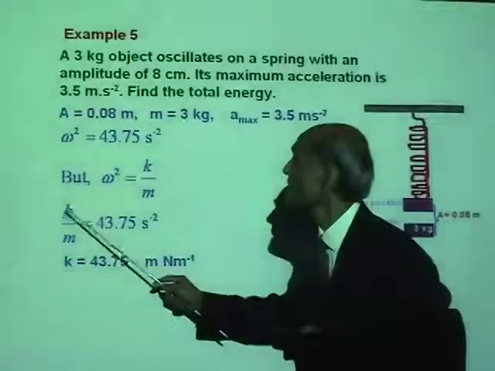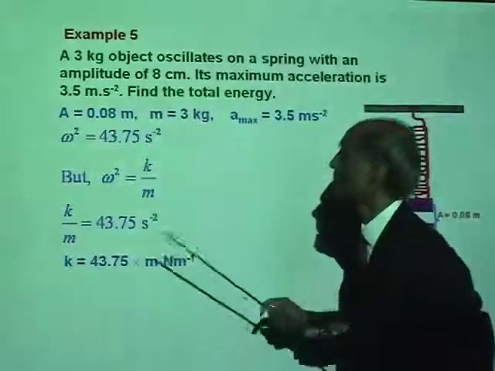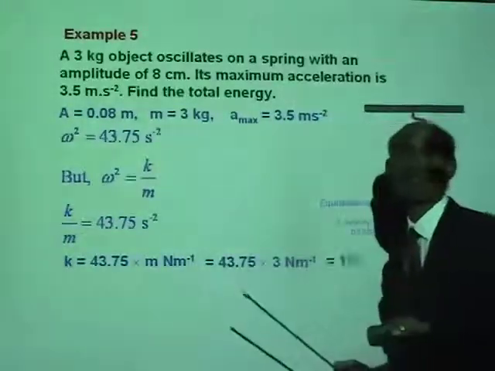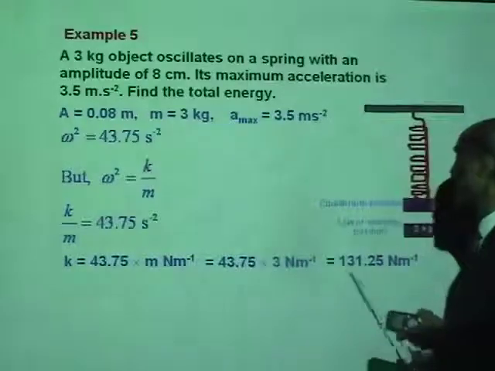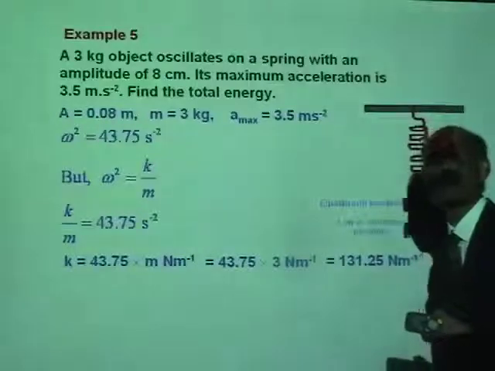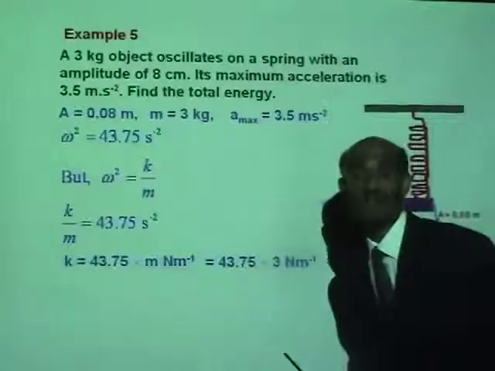That means K equal to 43.75 times M, and M is 3 kilogram. That gives you K equal to 131.25 Newton per meter. Well, you have now obtained the value of K.